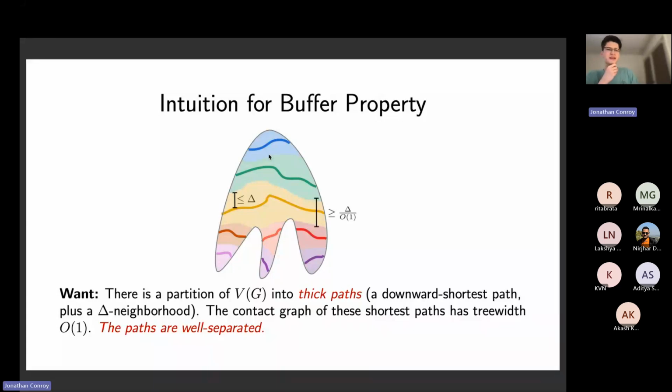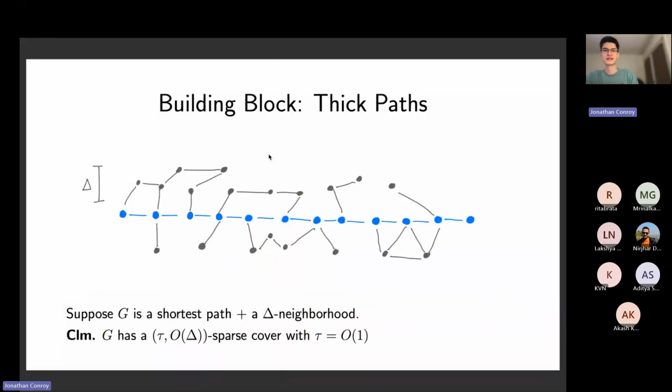Okay, so the building block of the decomposition was these shortest paths. The building block for the buffered decomposition is these thick paths. I want to start by saying that a thick path is easy to deal with in sparse cover. If you have a graph which just consists of a shortest path plus a delta neighborhood, it's easy to get a constant, delta of delta sparse cover.